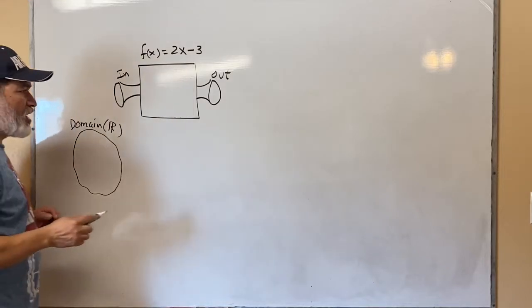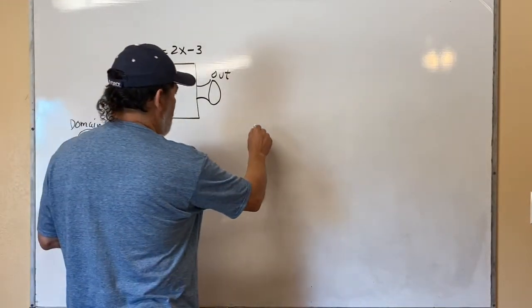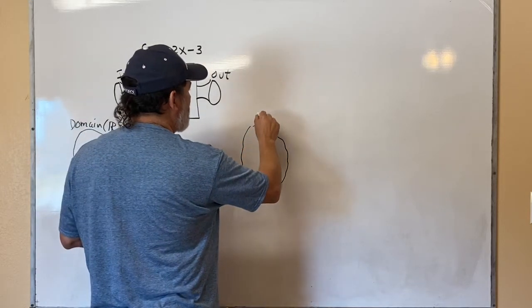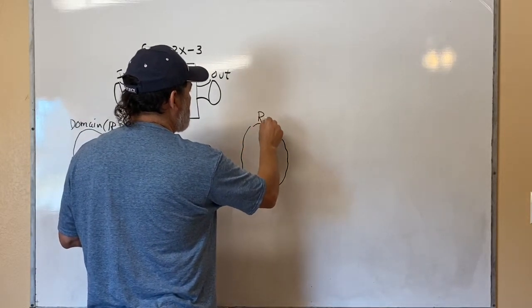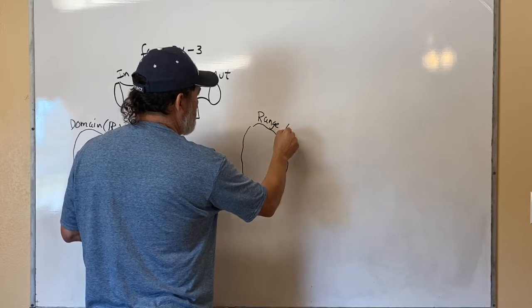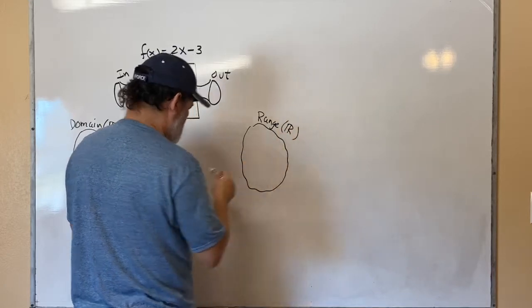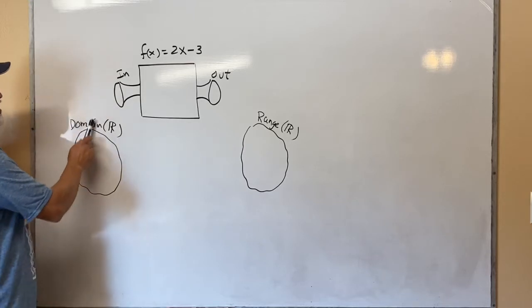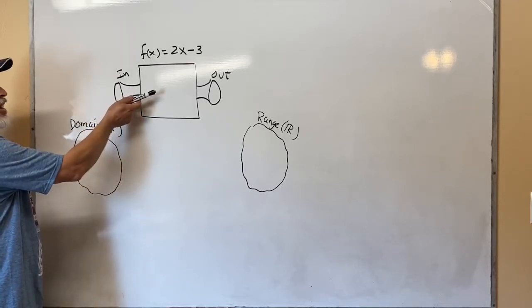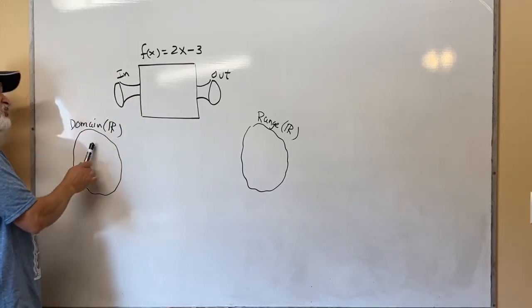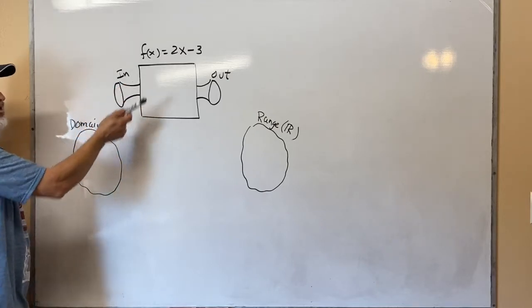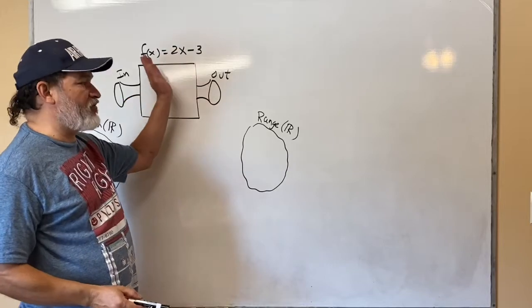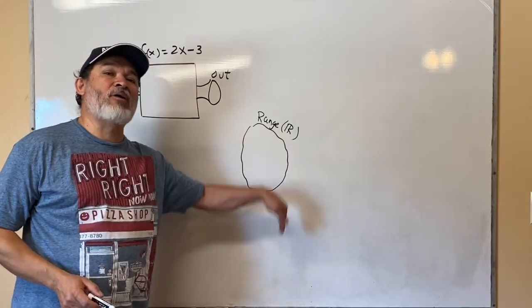And the range is also R. So we can send values from the domain into this machine. It's a machine. And then values from the range of this machine are going to come out.